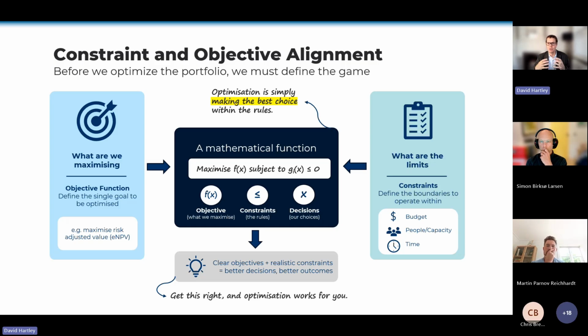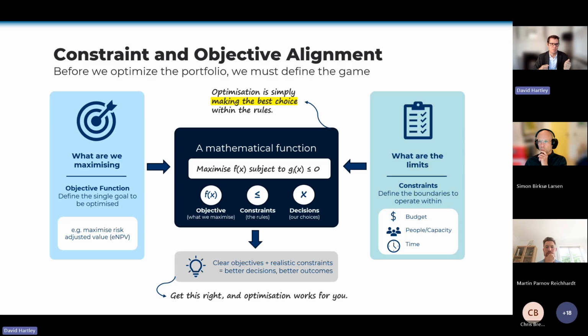Before we can get on to prioritizing and optimizing the assets, we really need to understand what game we're playing. And by that, what I mean is really articulating what is it that we are maximizing in this review. What is the goal that we are trying to move, and trying to get that down to a single goal as possible.